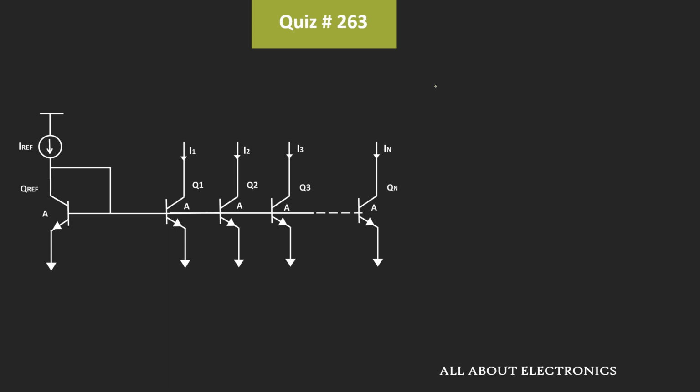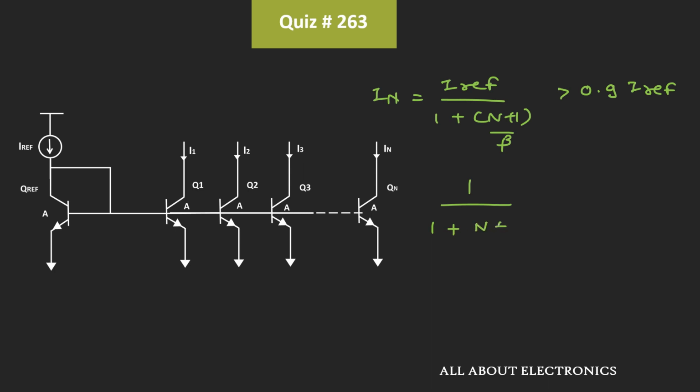So from this we can say that I reference divided by 1 plus N plus 1 divided by beta, that is the value of IN, should be greater than 0.9 times I reference. And here we have been given that the value of beta is 100. So 1 divided by 1 plus N plus 1 divided by 100 should be greater than 0.9.